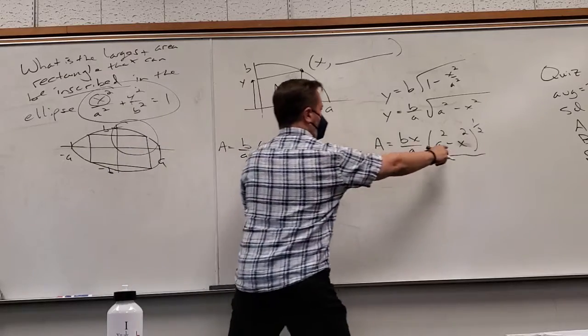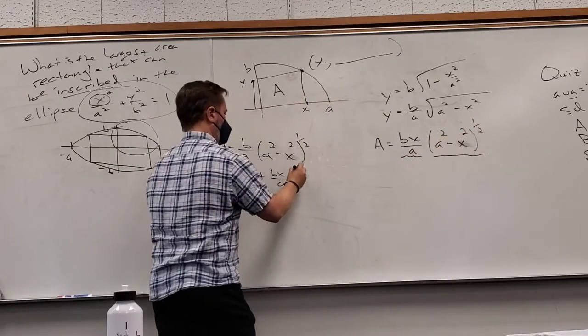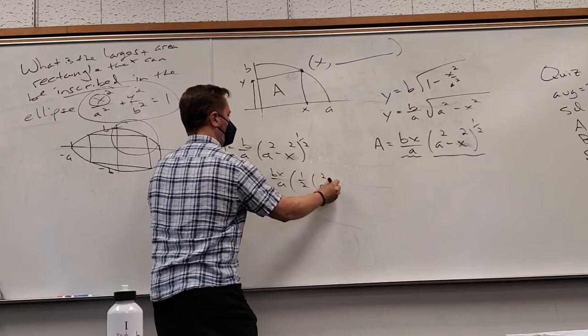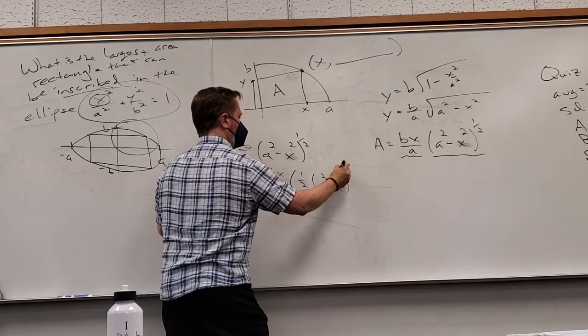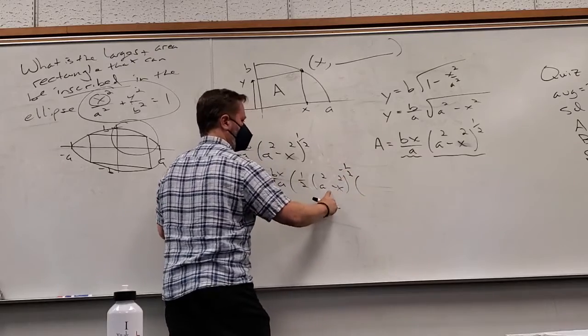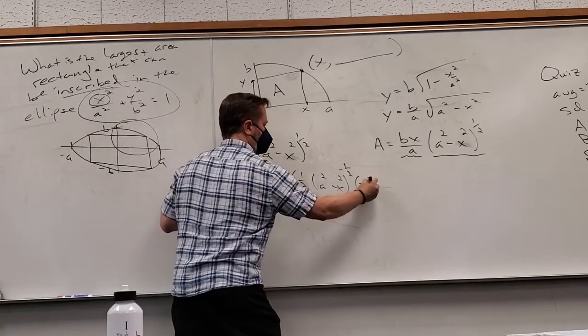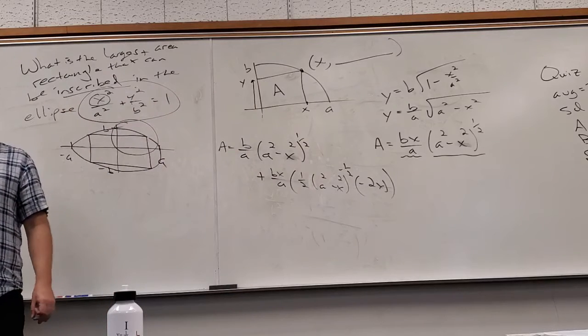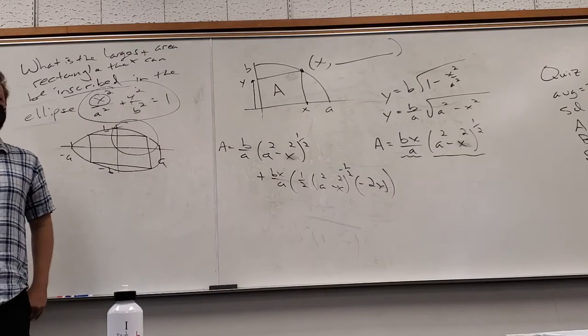Now, how do you do the derivative of stuff to the 1/2? Bring the 1/2 down in front of this. Now it's to what power? Negative 1/2 power, and then you multiply by the derivative of the inside. It was not hard.